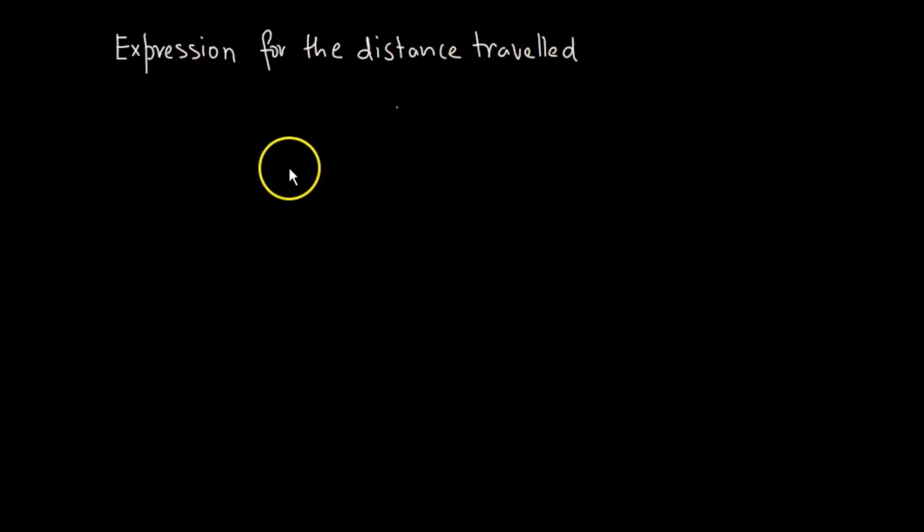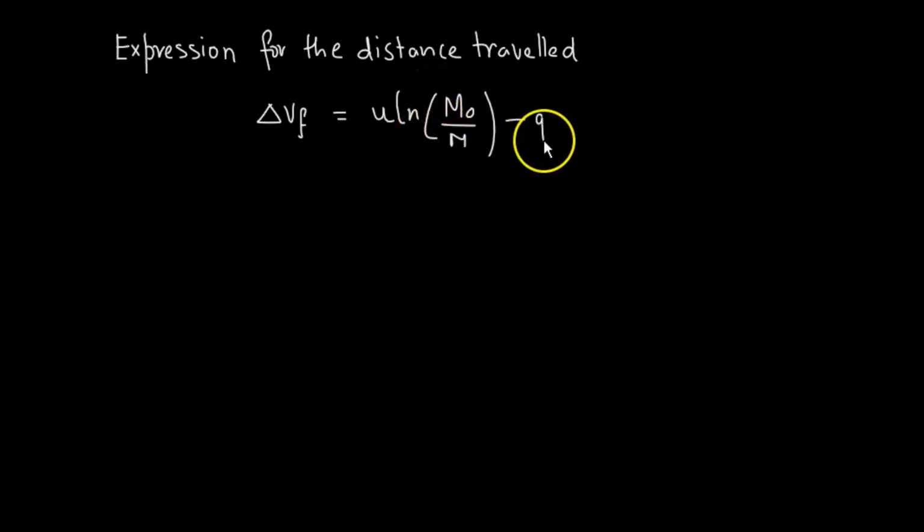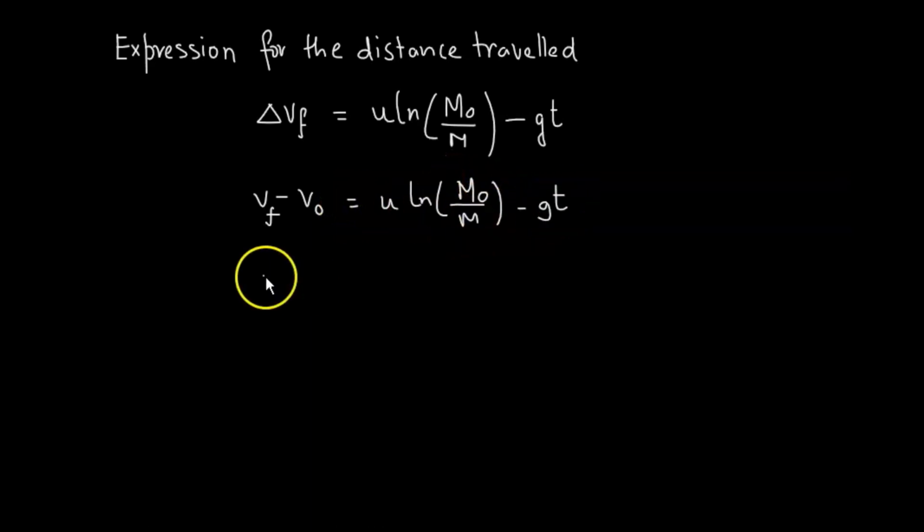So for the rocket moving under the influence of gravity, the change in final velocity, delta Vf, is given by U times natural log of m naught over m, minus gt. This change in velocity can also be written as vf minus v naught, which is equal to U times, writing it in terms of vf.